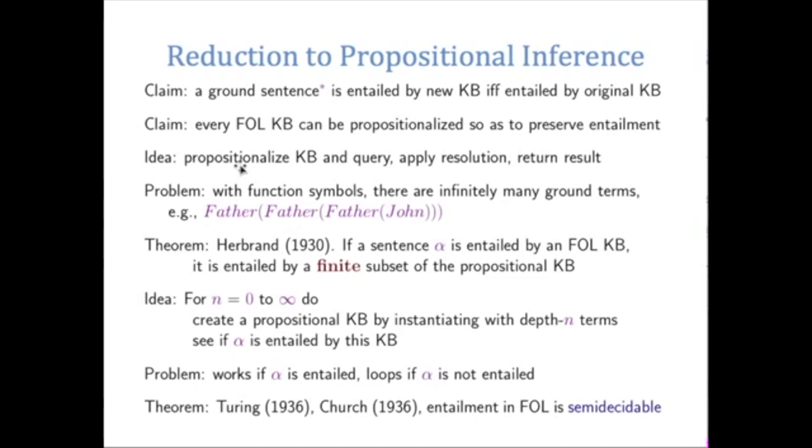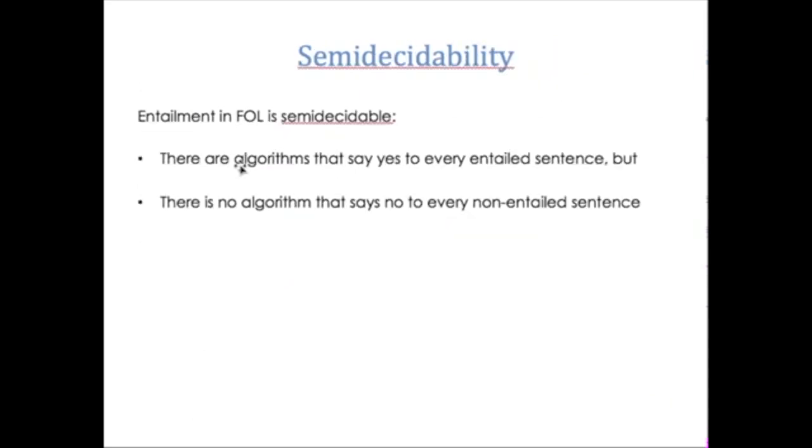And in fact, there's a very famous result from Turing and Church that says that entailment in first-order logic is semi-decidable. What does that mean? Well, it means that there are algorithms that say yes.